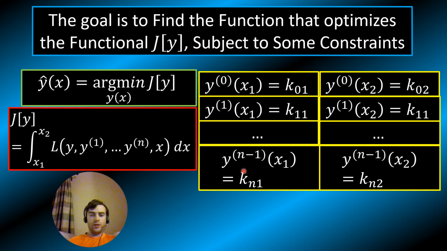So why don't we include the nth derivative of y with respect to x in these constraints?